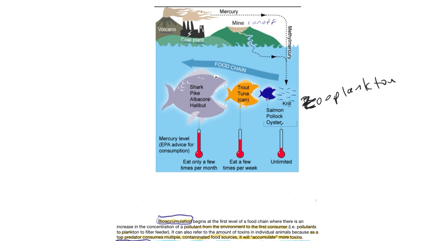And by then, the mercury will build up. Trout live longer than oysters, and so that mercury will build up in the tissues of the trout, especially in tuna, especially the older they get.